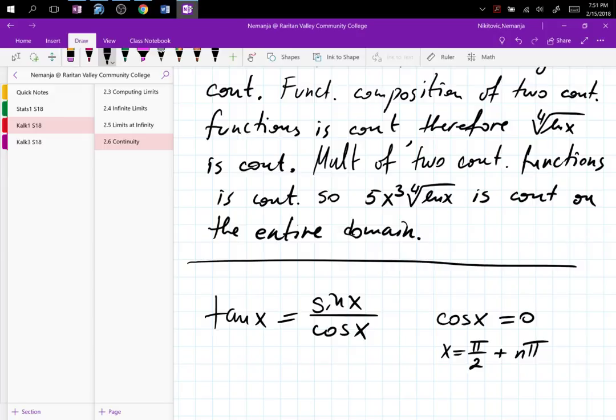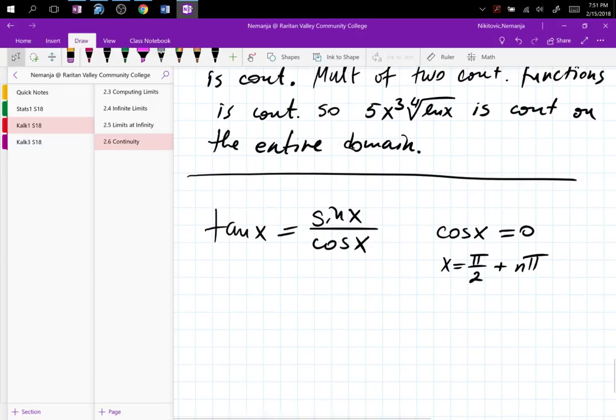Now the textbook says that tangent x is continuous on its domain. What they fail to recognize in the book is that the tangent is continuous on a restricted domain. And that is something that we have to work on right now.